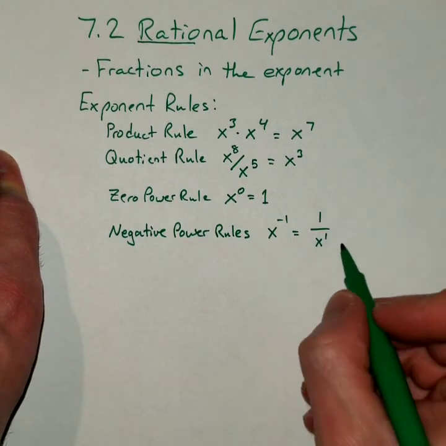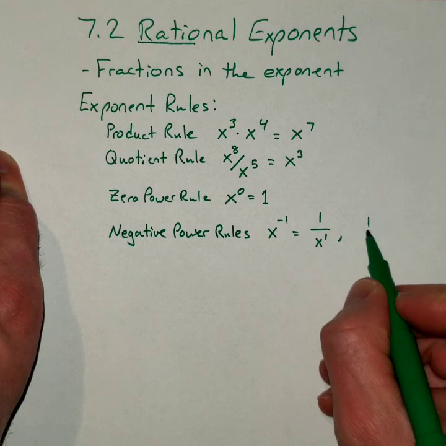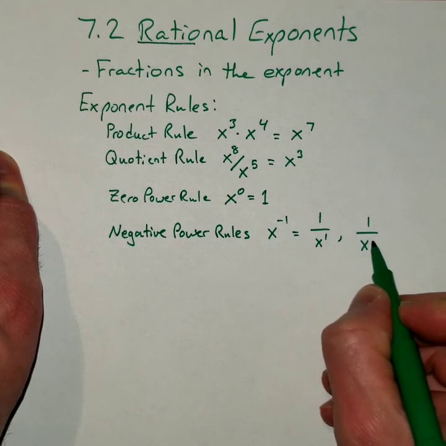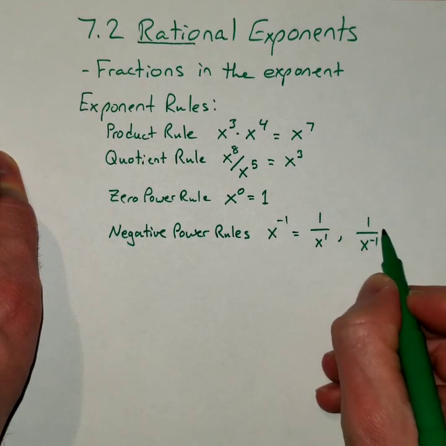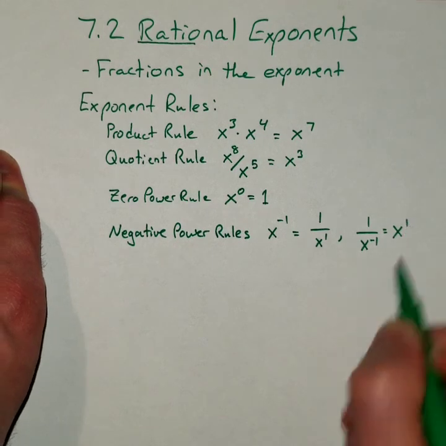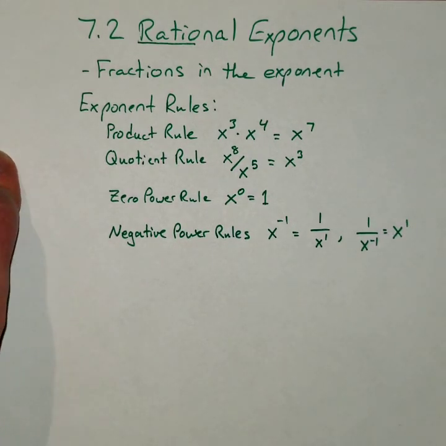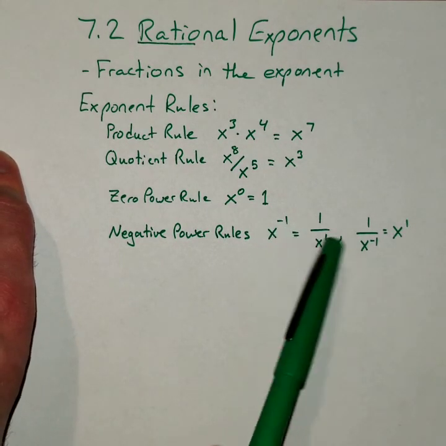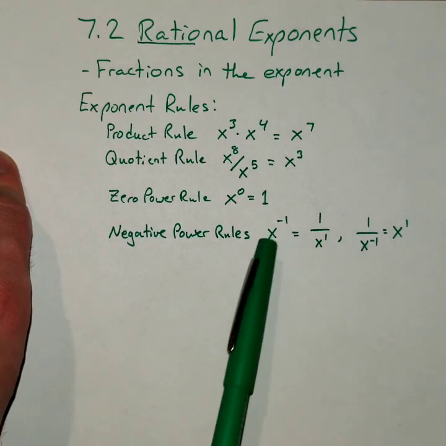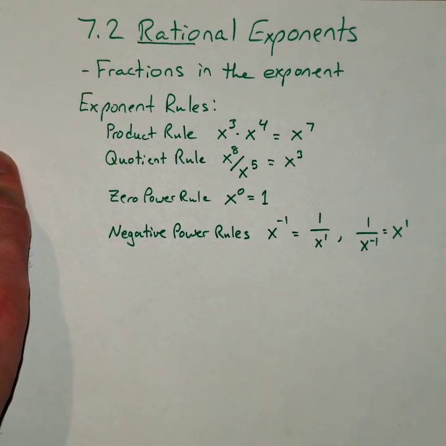Or there's another one that says if your base is already in the denominator, you can move it to the numerator with a positive power. And of course I'm using 1 there, but it can be any negative number, -5 or negative anything. So these are just examples, not the actual rules written out.